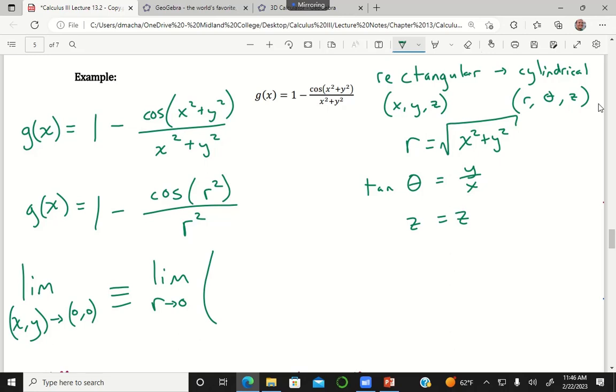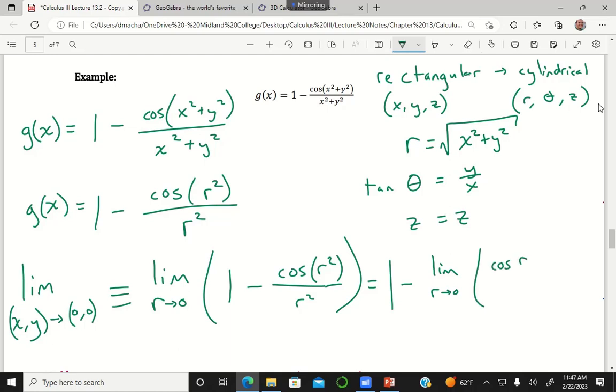So we're taking the limit as r approaches 0 of 1 minus cosine r squared over r squared. Limit rules tell me I can take the 1 minus out, and then as I take the limit as r approaches 0, this is cosine of r squared over r squared.